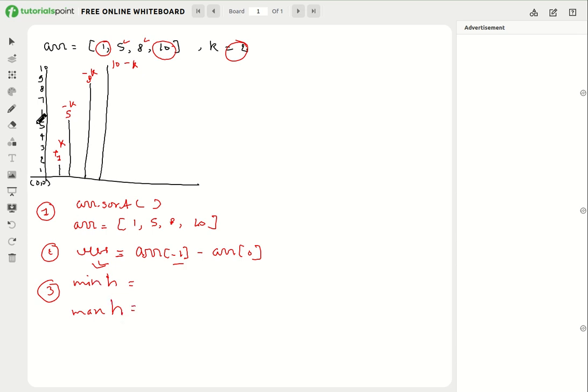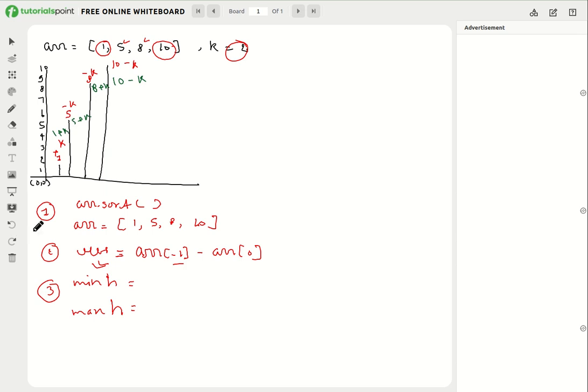Let's take another pen. If we subtract this one, and then like 8 plus k, 5 plus k, and 1 plus k.